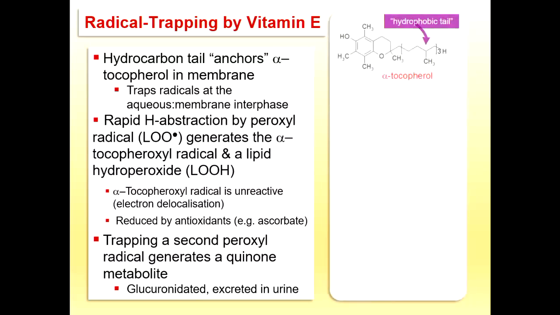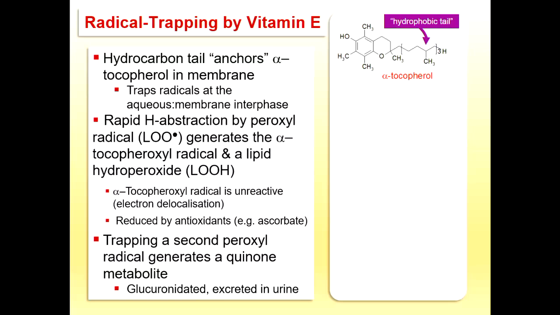And it's well suited to do this because this long hydrophobic tail on alpha-tocopherol anchors it in the membrane, and so it's able to trap peroxyl radicals within the membrane environment of cells. But it's also got this polar head due to the hydroxy group, and that confers the reactivity of alpha-tocopherol with free radicals, because remember the phenolic group is very important to trapping free radicals, because hydrogen undergoes abstraction.